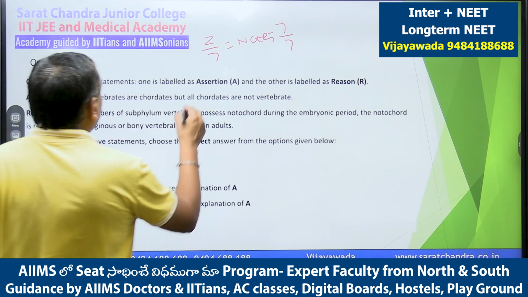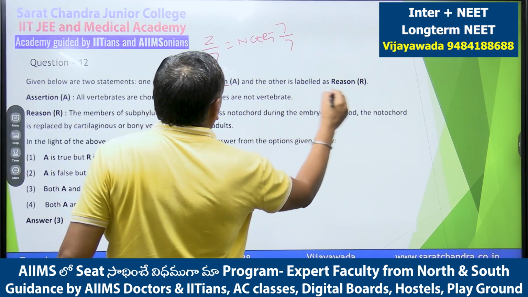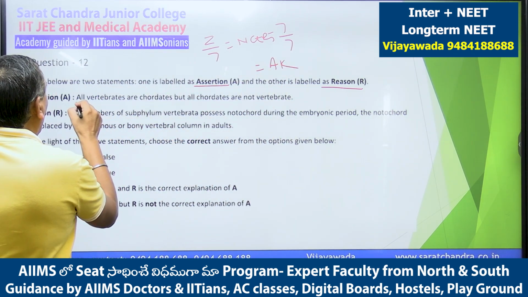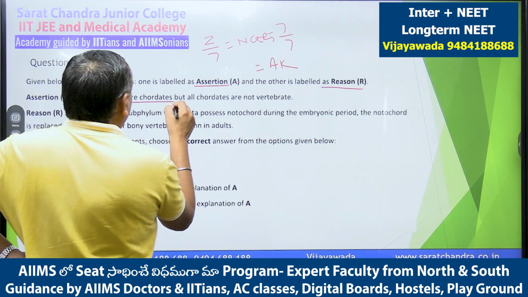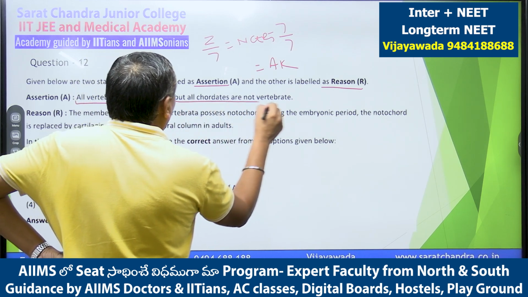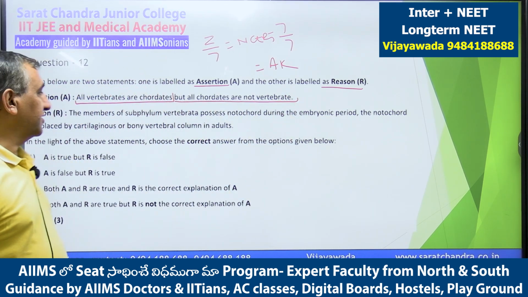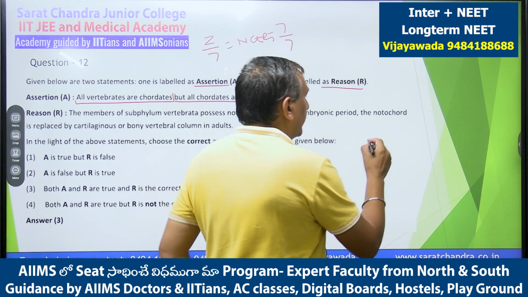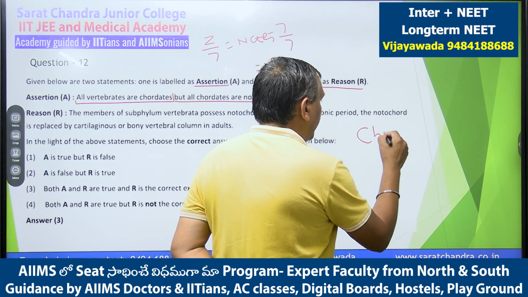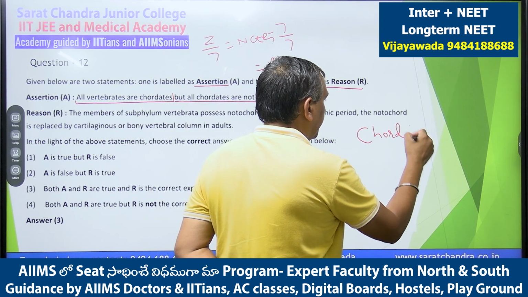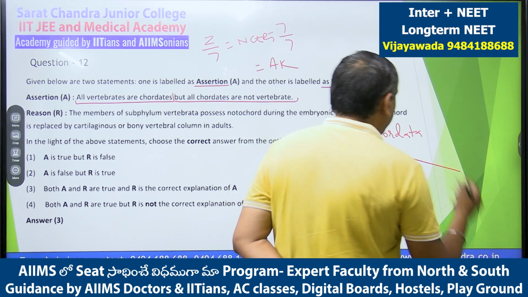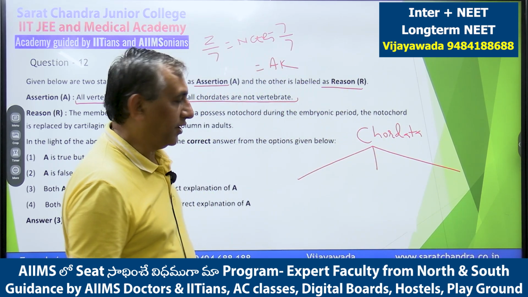This question is based on assertion and reason, and this came from the animal kingdom. See, all vertebrates are chordates, all chordates are not vertebrates. Is this statement correct or wrong? If you are remembering, phylum Chordata is classified into three subphyla, given in NCERT.